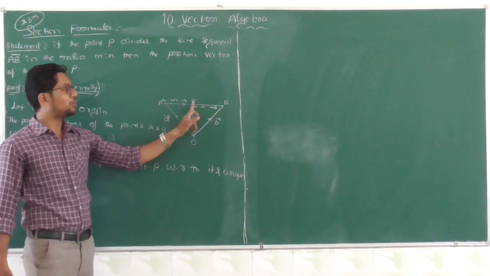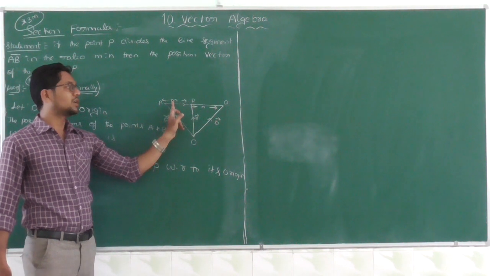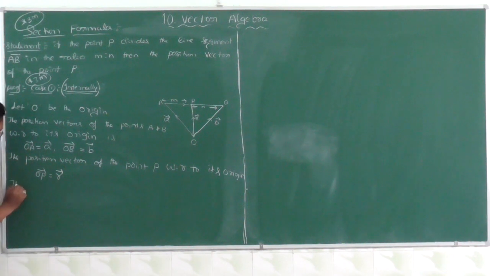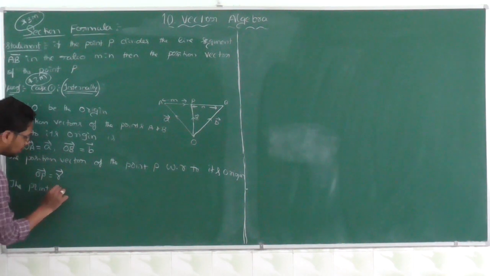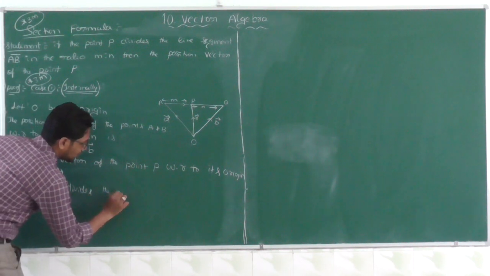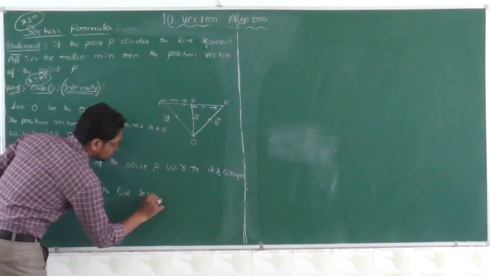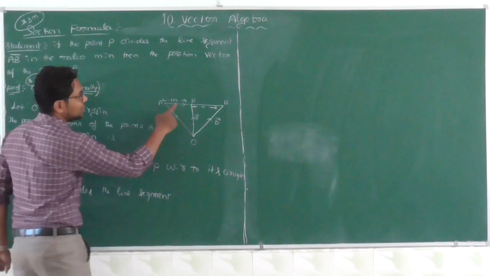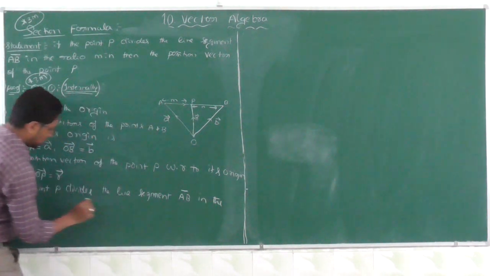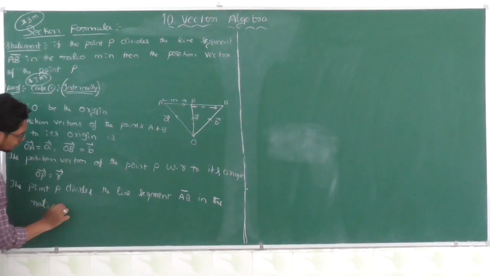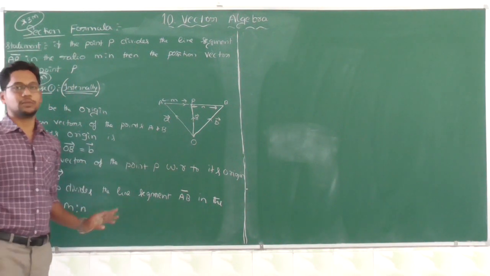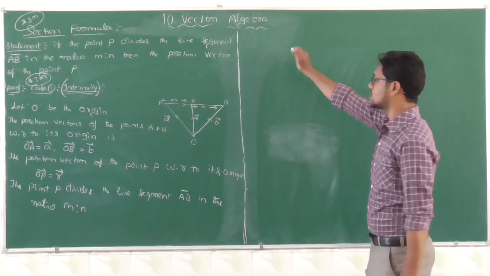Let O be the origin. Next, the position vectors of the points A and B with respect to its origin are A vector and B vector. The position vector of the point P is R vector. Next, the point P divides the line segment AB internally in the ratio M is to N. It is the explanation of this diagram. Next, just see the derivation now.